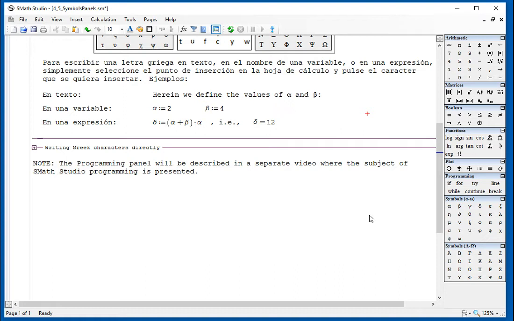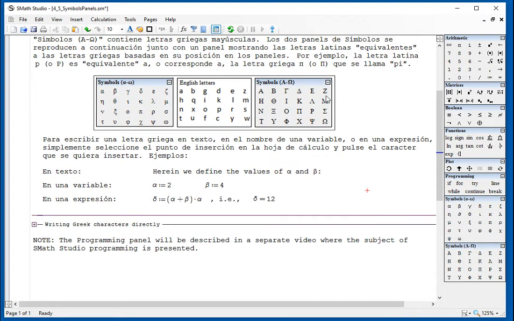However, there is a simpler way to enter characters if you remember this equivalence of English letters and Greek letters.